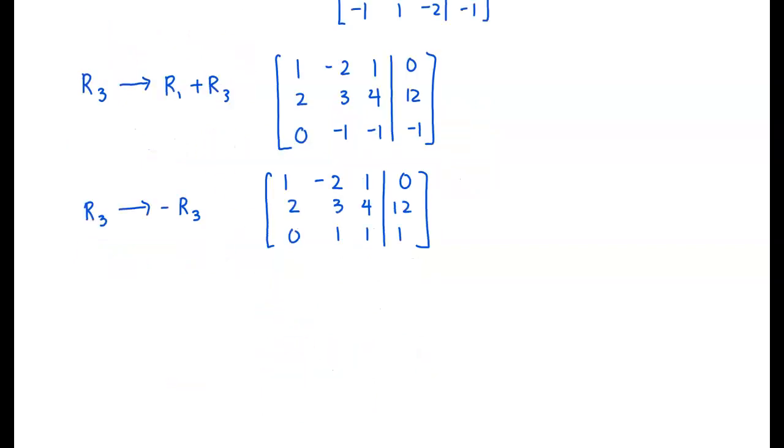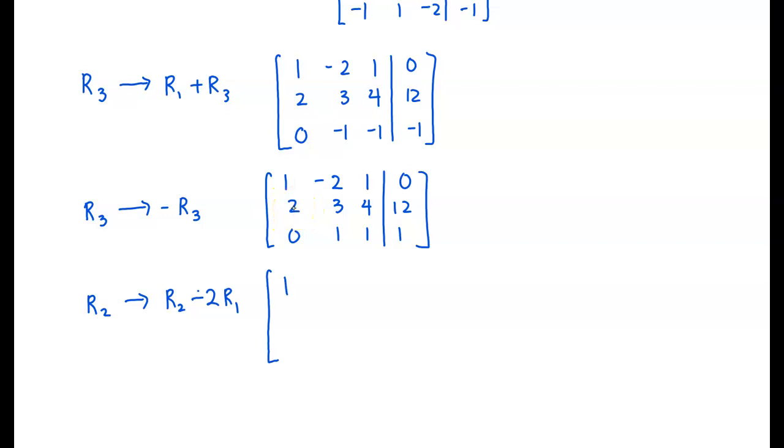That means we're going to replace our R2 by R2 plus or minus 2 times R1. So if you multiply this by negative 2 and then add it to 2, you get 0 on the entry here.